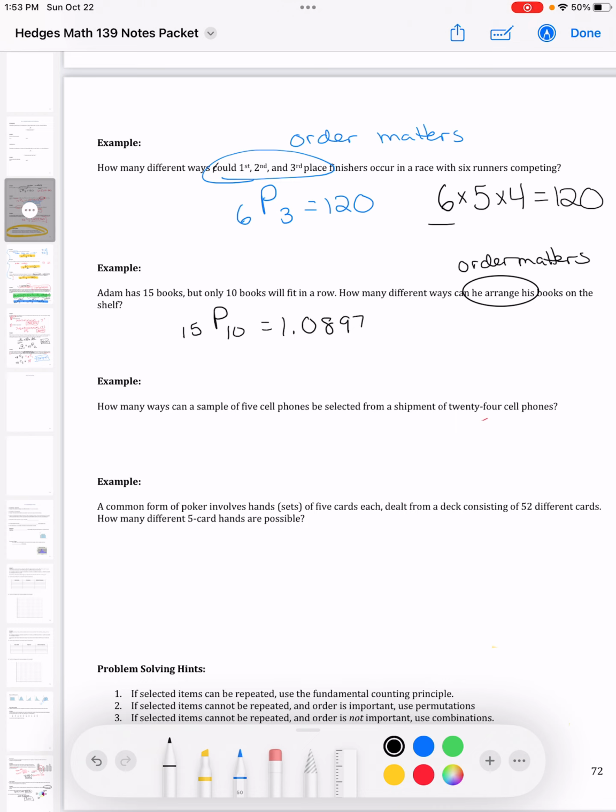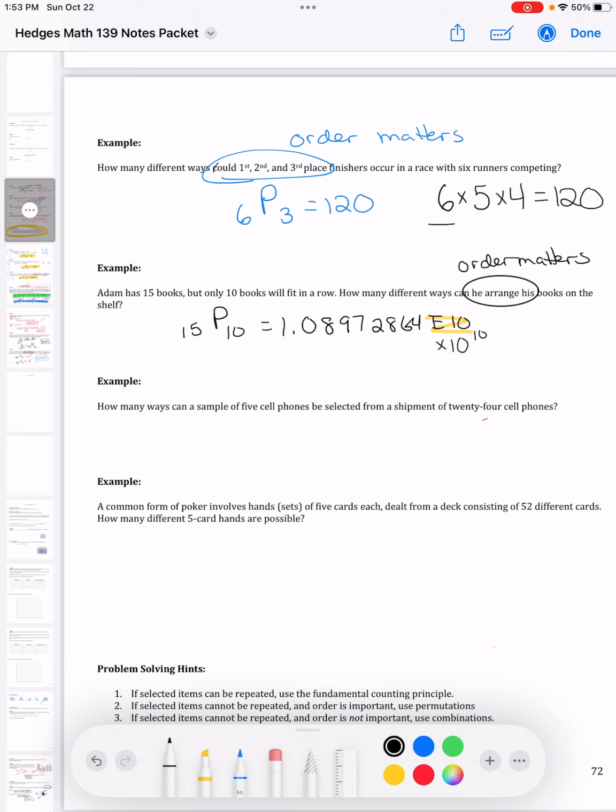Let me just write out exactly what my calculator gave me. This E 10. Basically, it just means the number is so large that your calculator can't write the answer out. So this E stands for exponent. Kind of how we normally write this would be times 10 to the 10th.